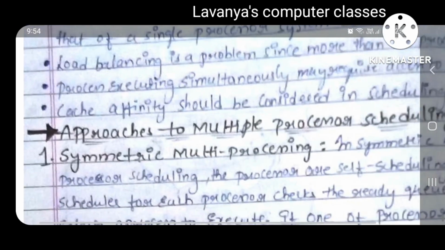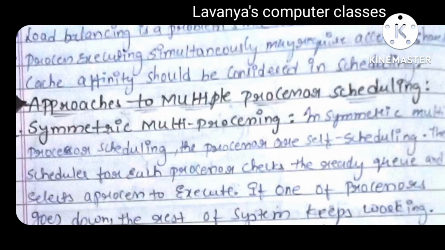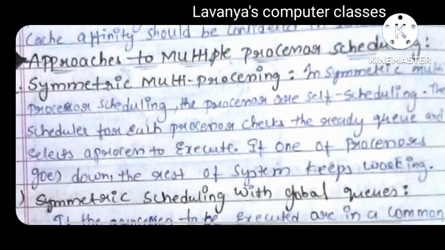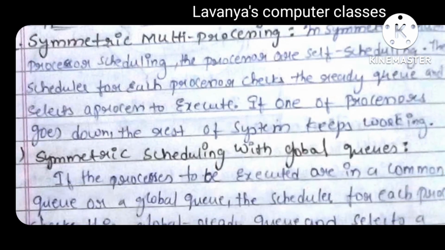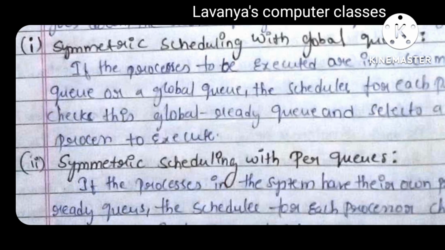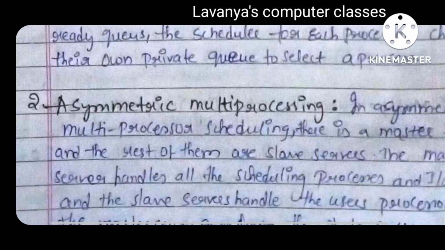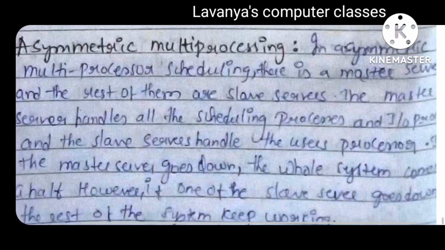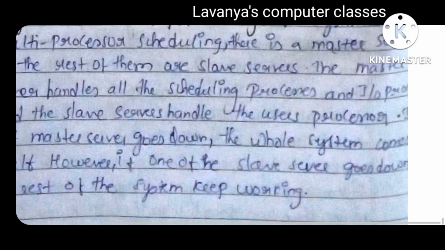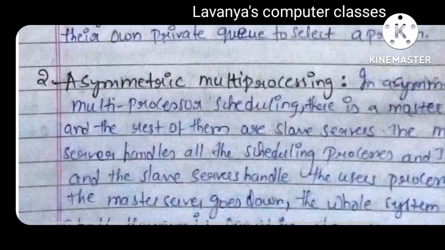So these are the approaches to multiprocessing scheduling algorithms: symmetric multiprocessing, symmetric scheduling with global queues, symmetric scheduling with per processor queues, asymmetric multiprocessing. So these are some topics in operating system.